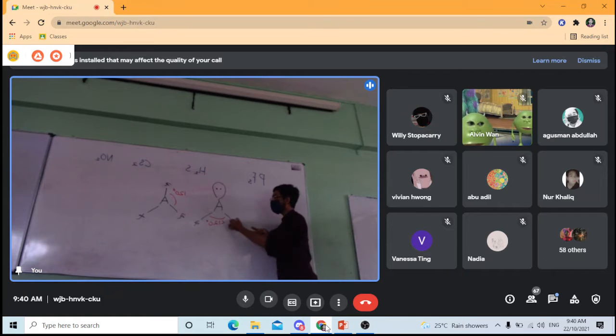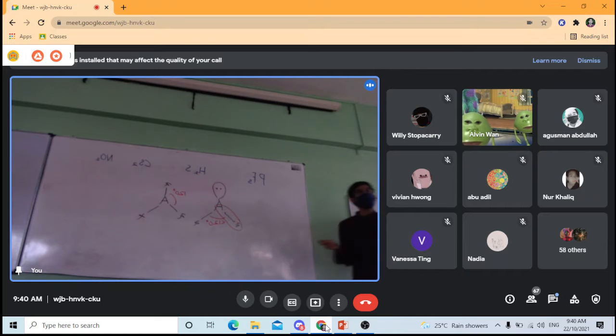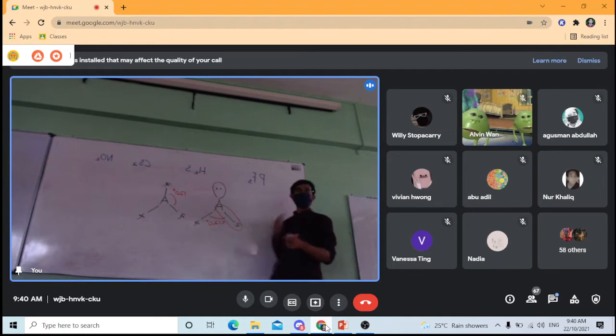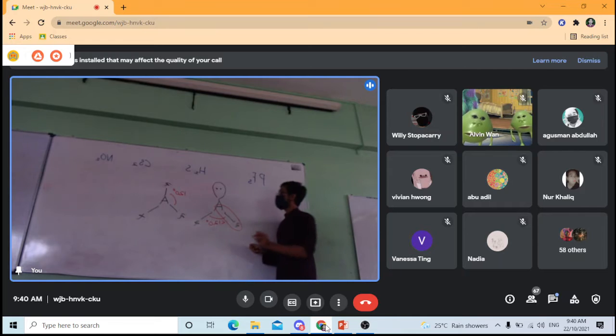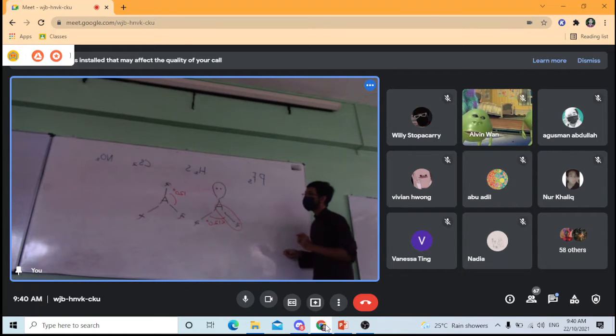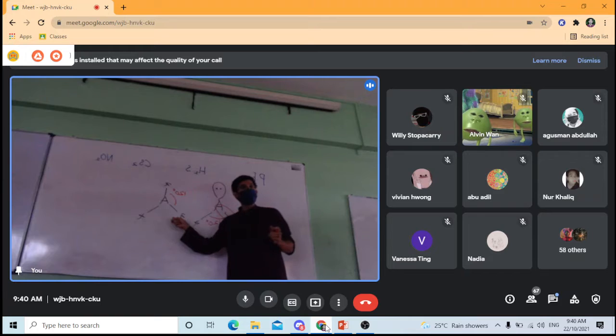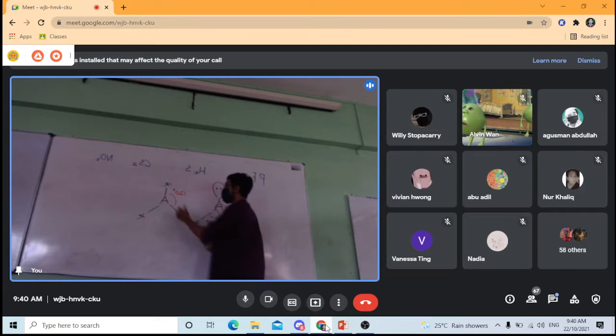The electron pairs here are restricted to A and X, so they are very close together. That is the only place they move. When they are restricted, the area they occupy is smaller than lone pairs.